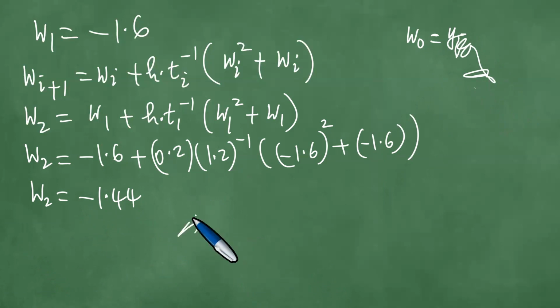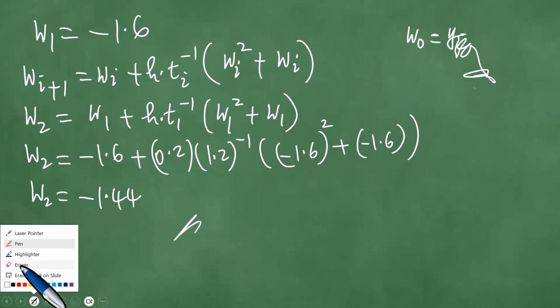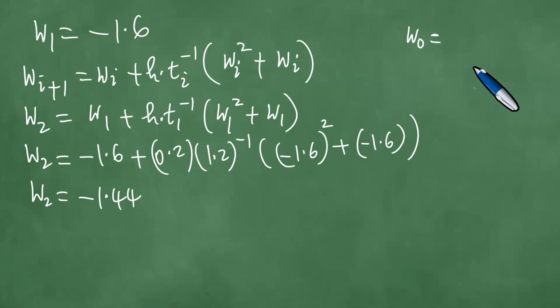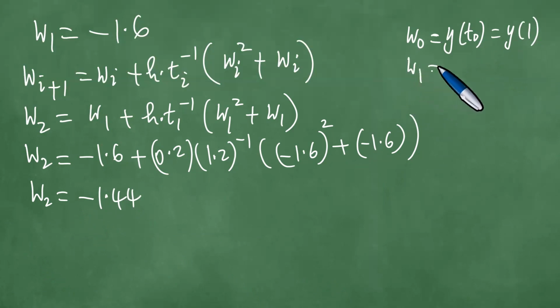W0 is y of T0, which in this case is 1. And then if you have W1, which is T1, which is 1 plus 0.2, because H is 0.2, so it's 1.2.